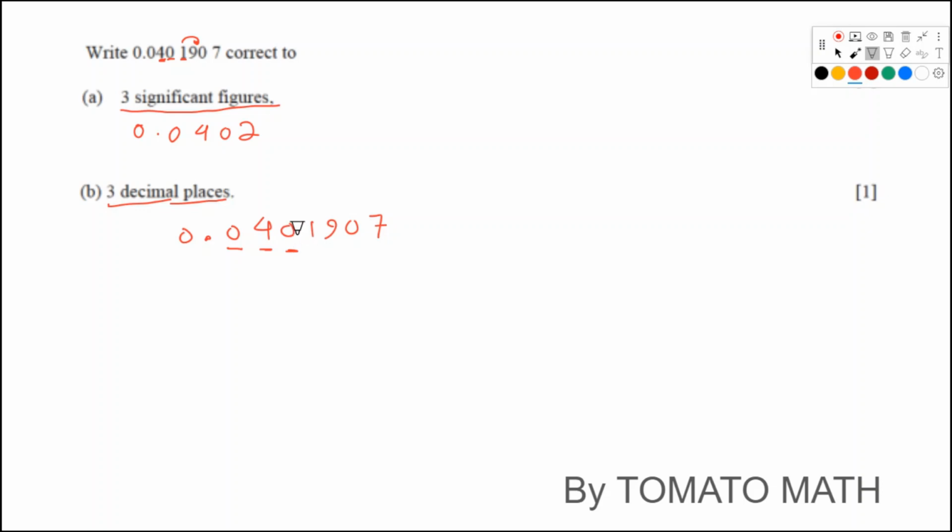So 0, and we'll look at the number on the right, so it's 1. Because it's less than 5, we'll round 0, still 0. So 0.040.